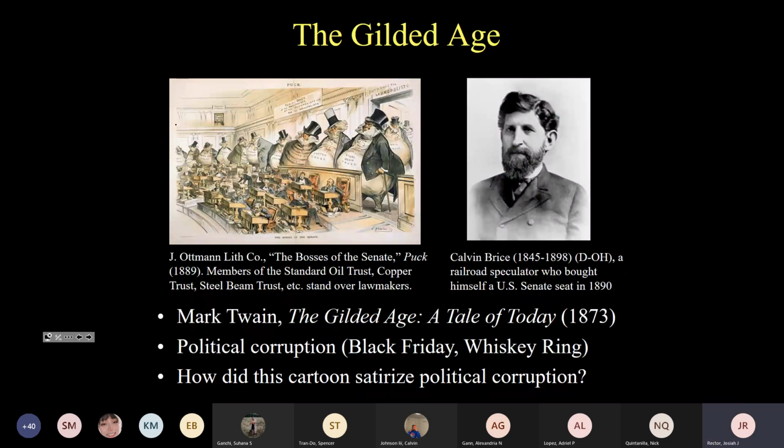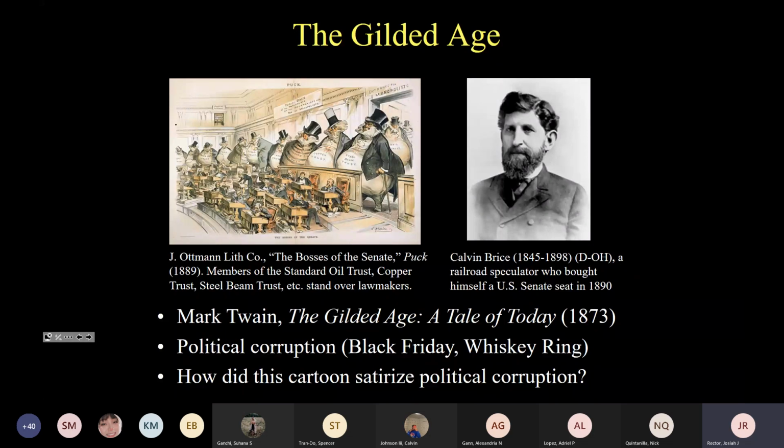The time period between Reconstruction and the so-called Progressive Era, roughly 1877 and 1900, is often called the Gilded Age, although actually it's named after a novel that came out even before Reconstruction was over, The Gilded Age by Mark Twain, released in 1873.